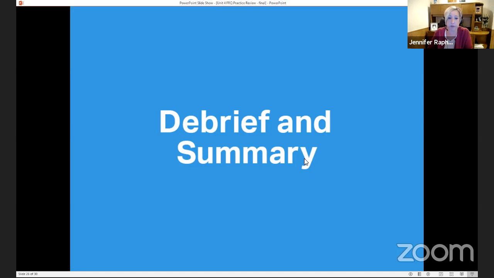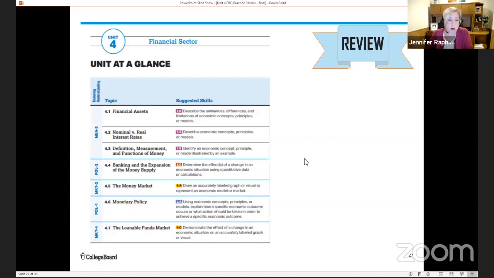So again, we went through Unit 4, which is the financial sector. There's a lot of tricky stuff in this unit. Make sure that you understand what money is, how the money supply is measured, know the difference between the monetary base, M1 and M2.